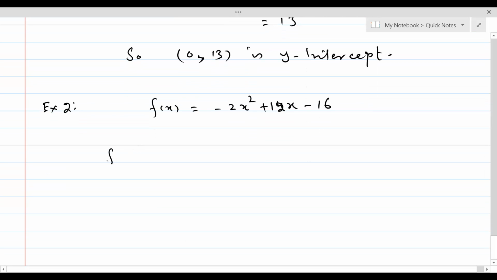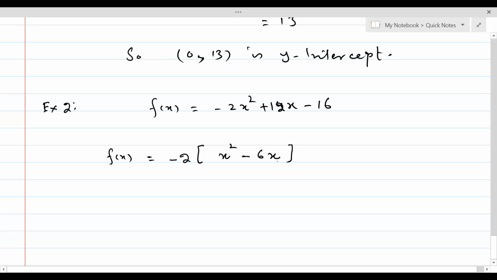For this purpose, f of x equals, we take minus 2 common. What is left inside is x square minus 6x plus 8. Rather, we don't bother with the constant term.